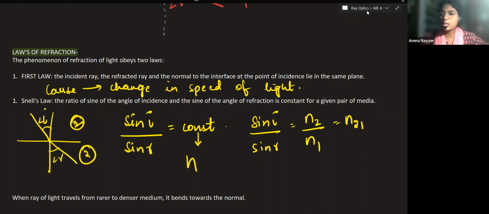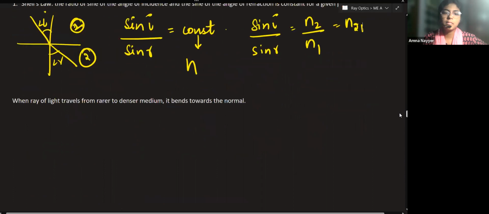You have two kinds of medium, rarer medium and denser medium. That also we have discussed: when the optical density is more, you say it is a denser medium, and when the optical density is less, it is simply rarer.